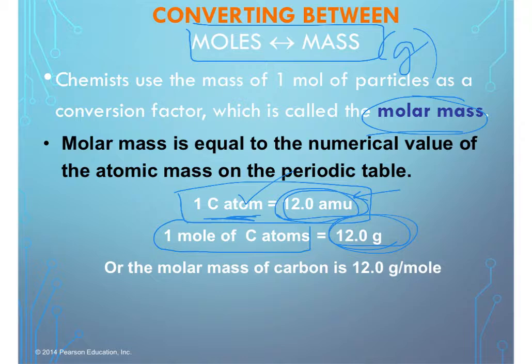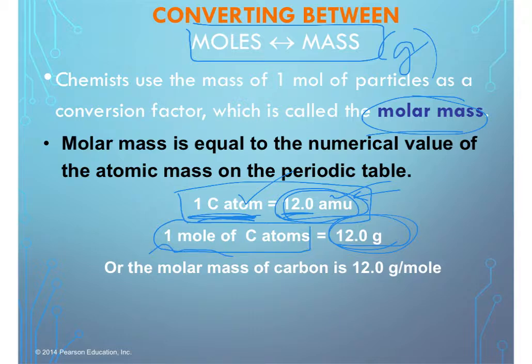So, for example, 1 carbon atom has a mass of 12.0 atomic mass units. Atomic mass units were thought up just for the mass of atoms and molecules because the mass is so small. It doesn't make a lot of sense to use grams. It'd be a very, very small number.